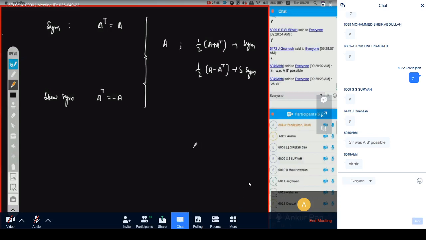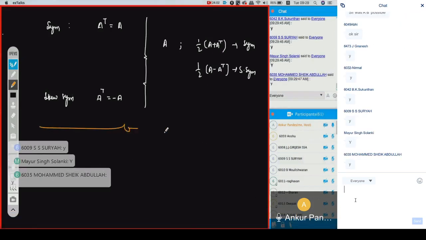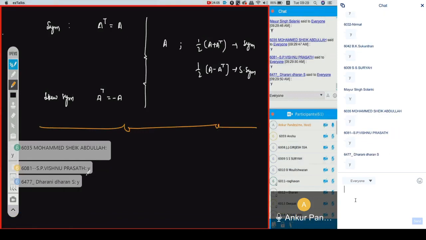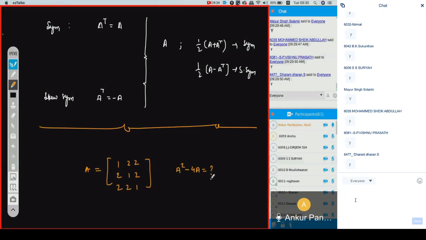Guys, you know this, right? If A is equal to [1, 2, 2; 2, 1, 2; 2, 2, 1], then what is A square minus 4A equal to? Quickly.